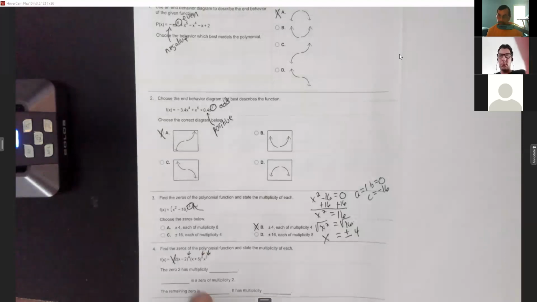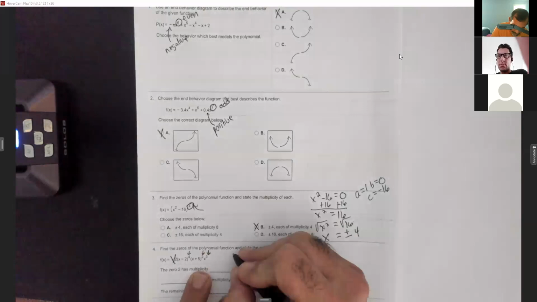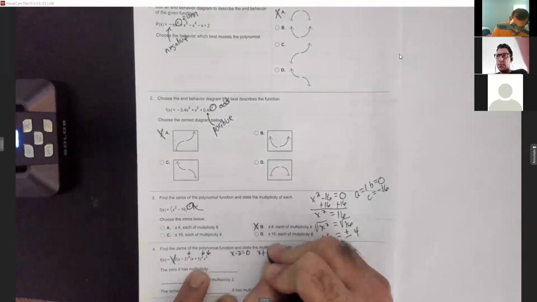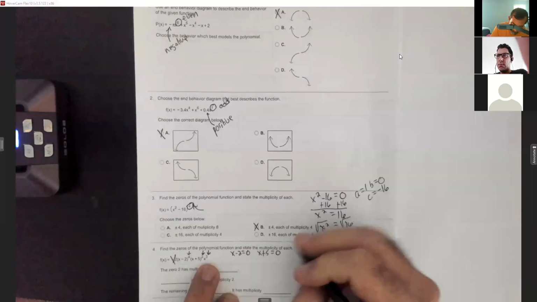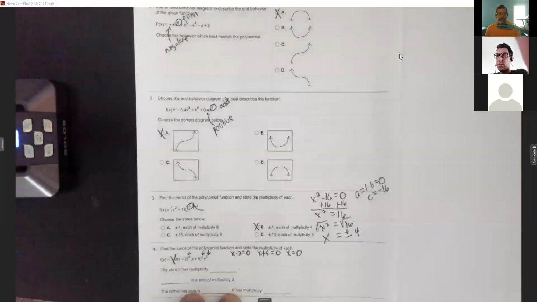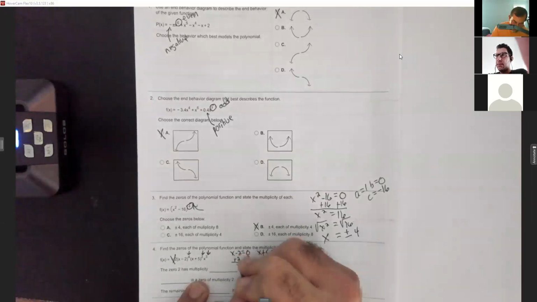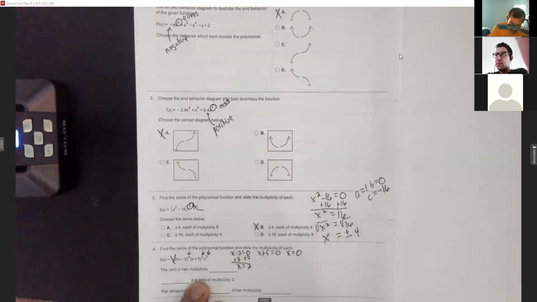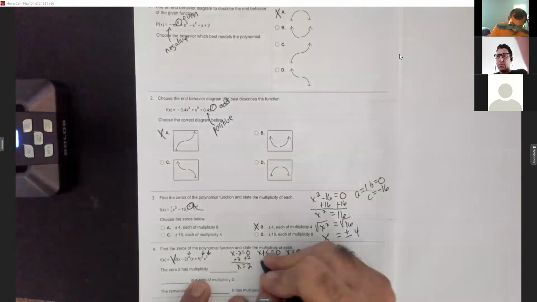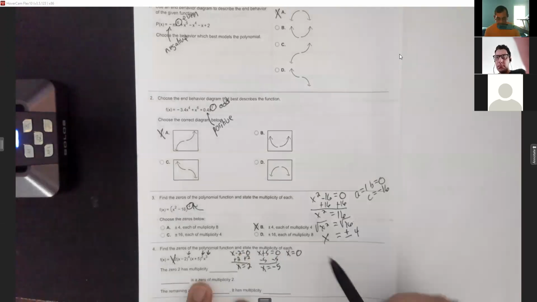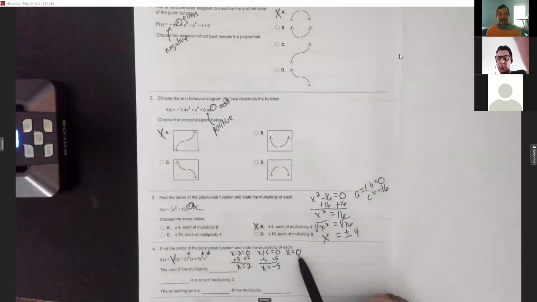Now what you will do is take the 3 other factors and set them equal to 0. So 2 of these we got to solve. The first one I'm going to add 2, and I get x is 2. Second one, I'll subtract 5 and get x is negative 5. My third zero was 0.